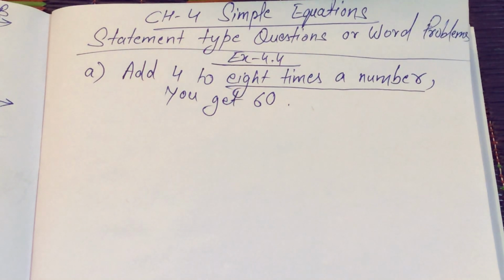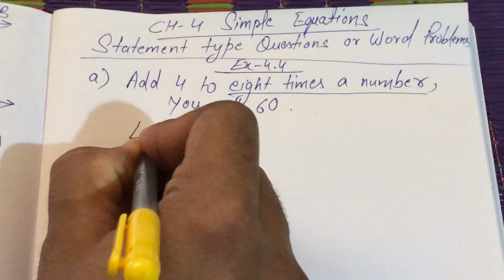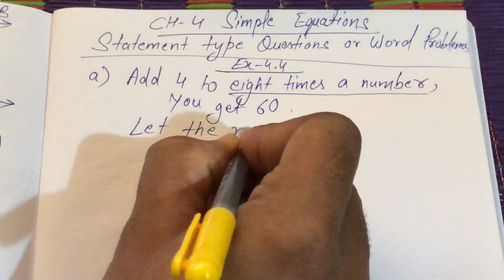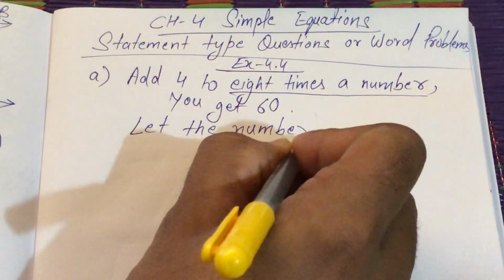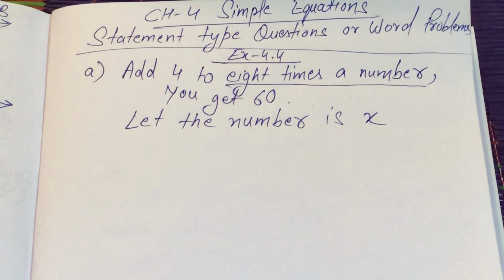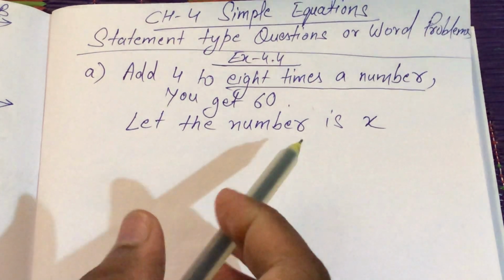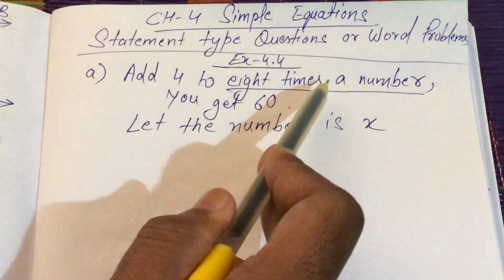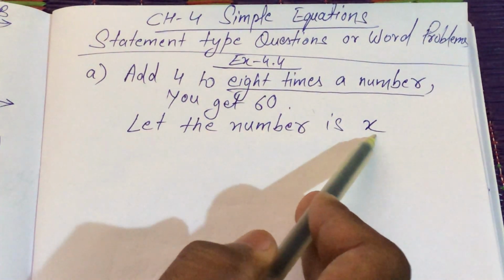You don't know. So let the number be x. I'll say the number is x. Now the question is saying, we don't know the number, that's why we have taken it as x.